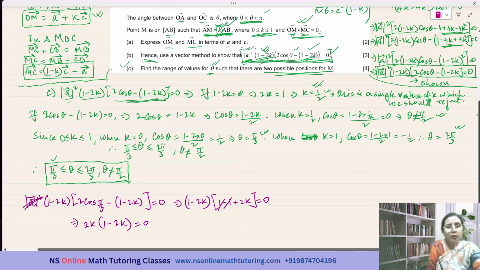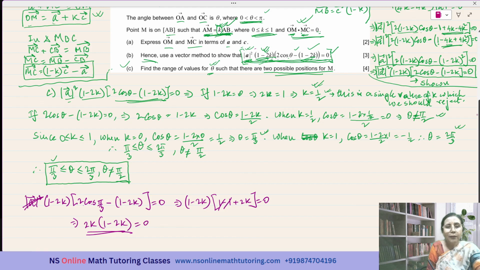So it is a quadratic equation, so it is obvious that you will be having two values of k. What are the two values? One will be k equal to 0. If I take this part to be equal to 0, we are getting k equal to half.